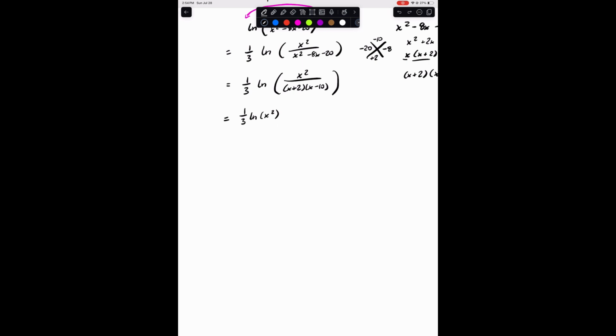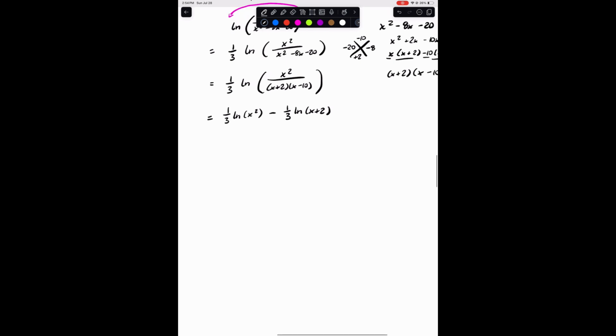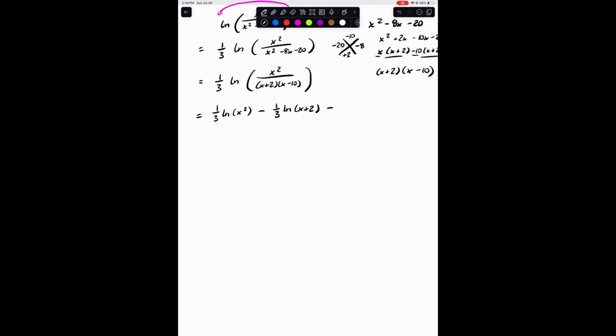X plus 2 is in the denominator, so it's a minus 1/3 natural log of x plus 2. X minus 10 is also in the denominator, so it will also be a negative 1/3 natural log x minus 10.